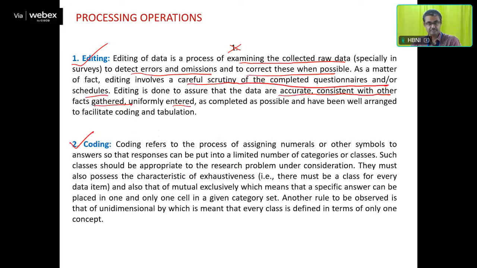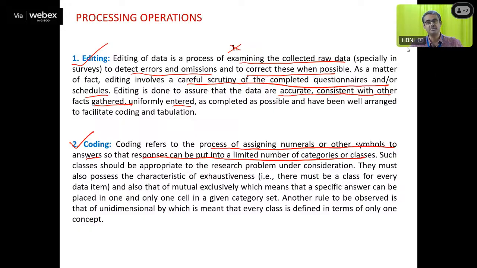classification, and tabulation. So what do we refer to as coding? Coding refers to the process of assigning numerals or other symbols to answers so that responses can be put into a limited number of categories or classes. In data collection, we analyzed how case studies, questionnaires, and schedules can help in collecting the data.